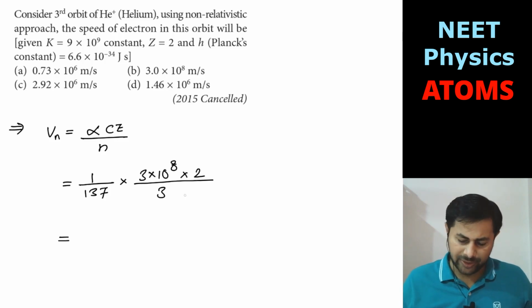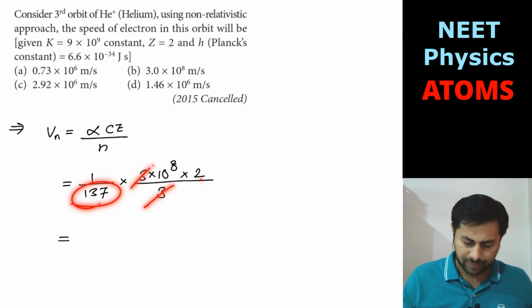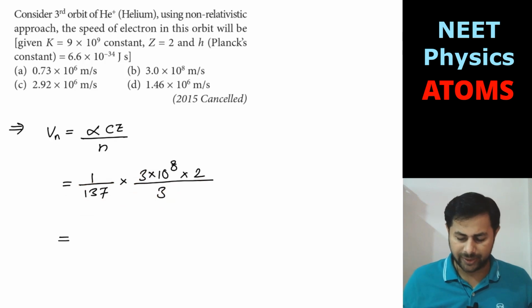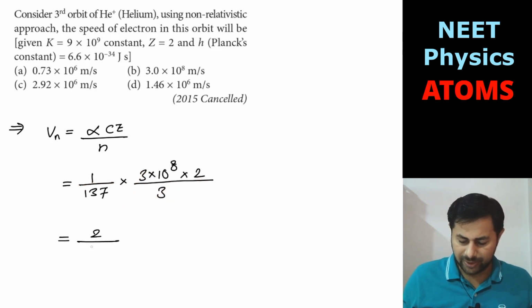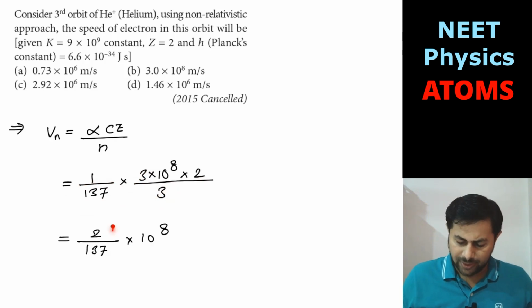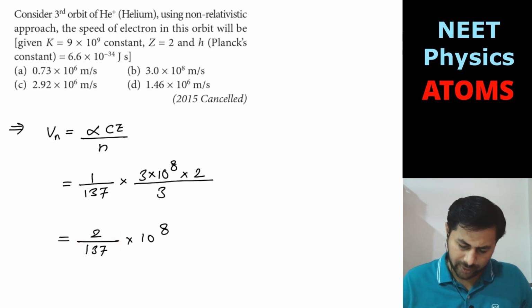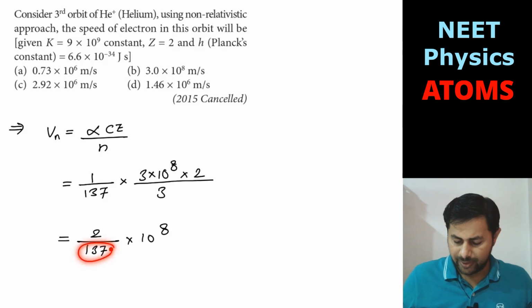So then we just need to solve this. This is 2 by 137 multiplied by 10 raised to 8. So this thing would be nearly equal to what? 10 raised to 6 is there. Let's take 2 divided by 1.37 multiplied by 10 raised to 2, and this is 10 raised to 8.